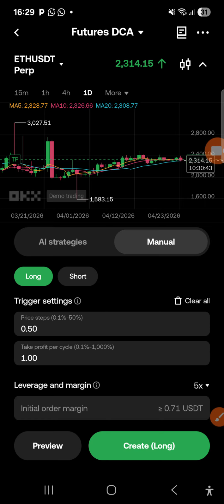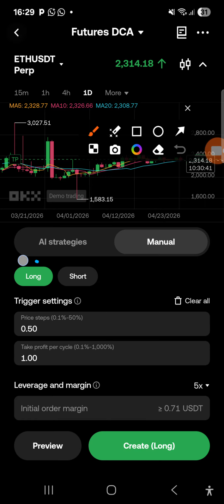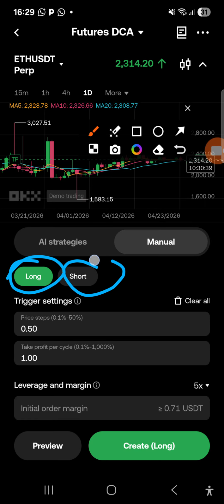Now here it shows long, here it shows short. When you are longing, you have to tap long. When you're shorting, you have to tap short. Longing or shorting, it is just as a result of your prediction.